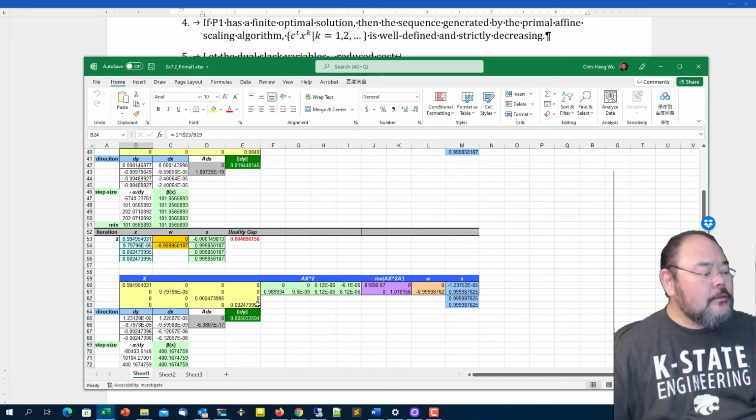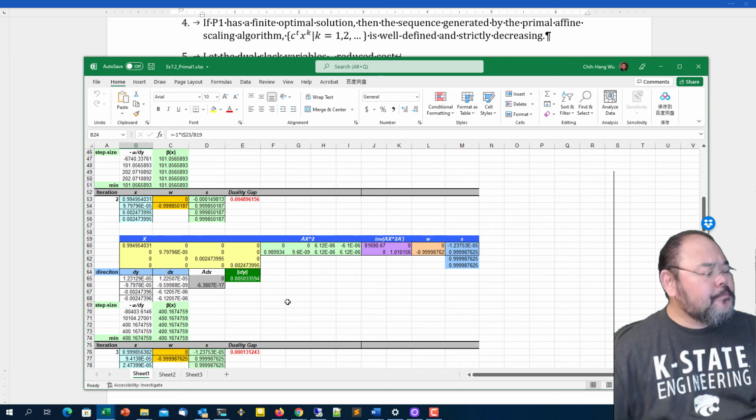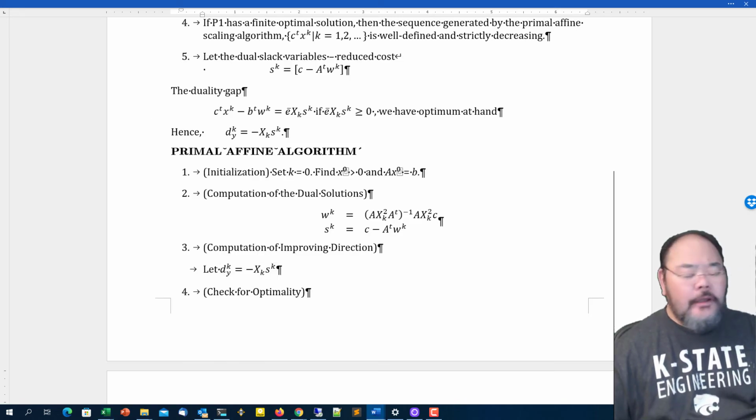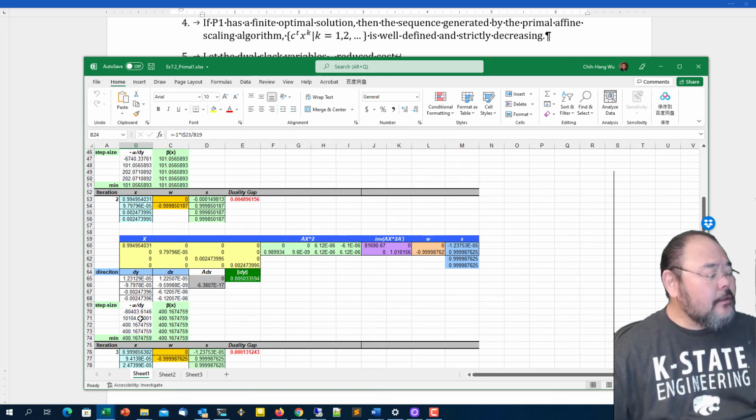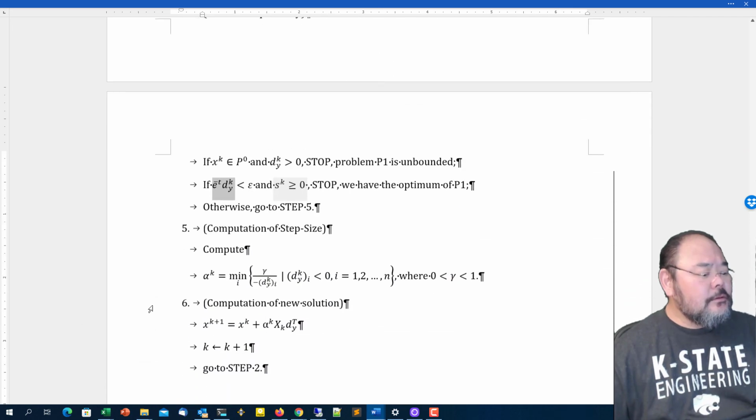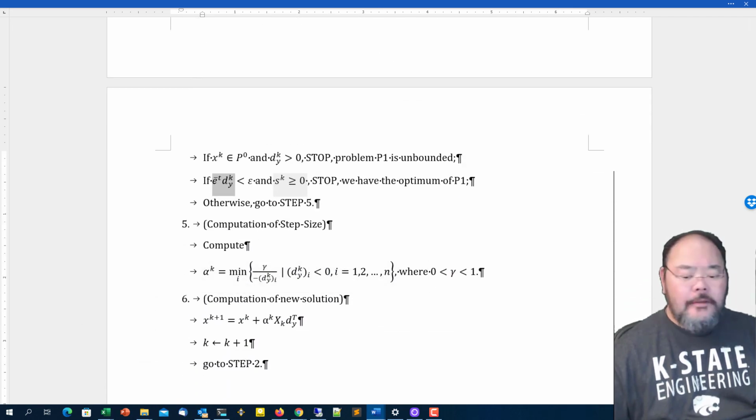Capital X, A times capital X squared, A times capital X squared times A transpose inverse. Calculate the new dual solution and dual slack. Calculate dy equals negative Xk times sk. All right, and after that, I can calculate the step size, actually following step number 5.